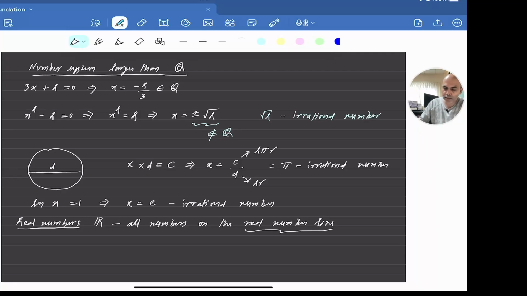So the real number line is just an infinite straight line going towards negative x and positive x. So if you take the set of real numbers and we remove the rational numbers from that, we arrive at the set of irrational numbers.